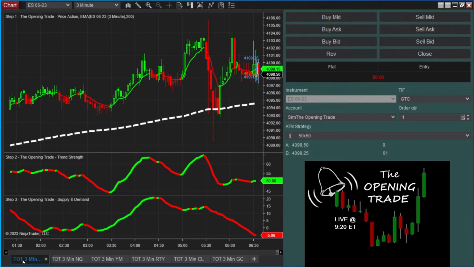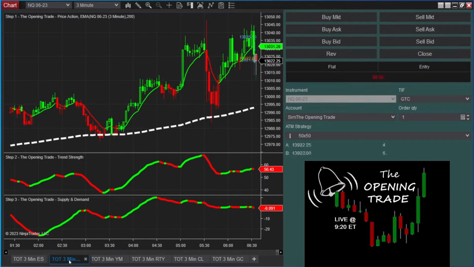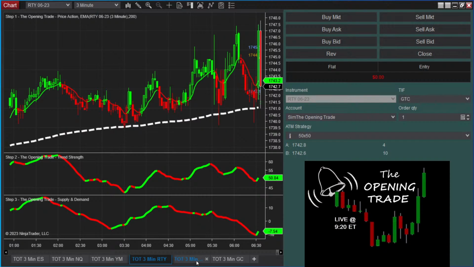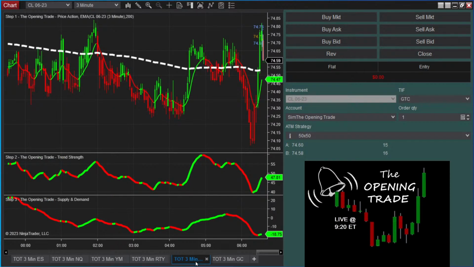So let's take a look at the S&P 500. We're above Nasdaq. We're above Dow. We're sitting right at the 200 period, and Russell's coming down for it.